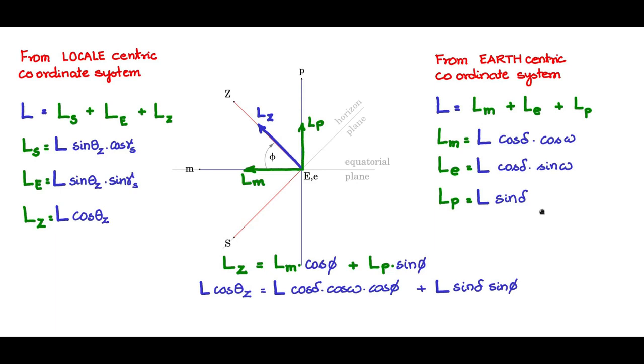So this is the relationship that would come out. So cos theta z, which is the cos of the zenith angle, can be expressed wholly in terms of declination, hour angle, phi, the parameters related to the earth-centric coordinate system.